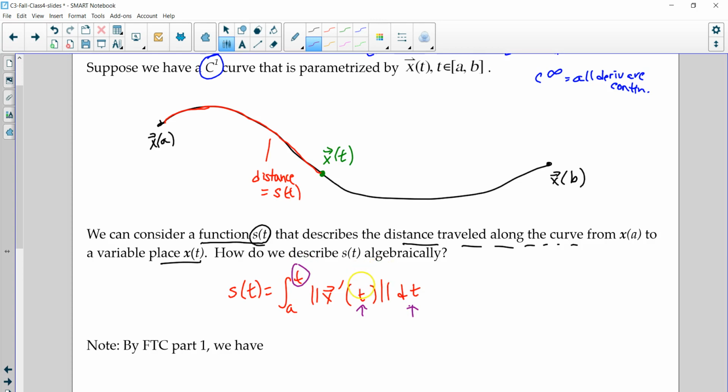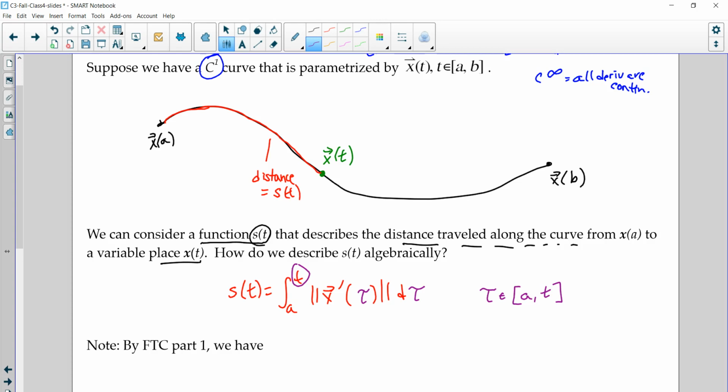So I can't use t in here, but what I'm going to use is a different parameter, and I'm going to call that parameter tau. For our sakes, you can think of it as a dummy variable, and tau is on the domain A to t, which is exactly what shows up in our integral.